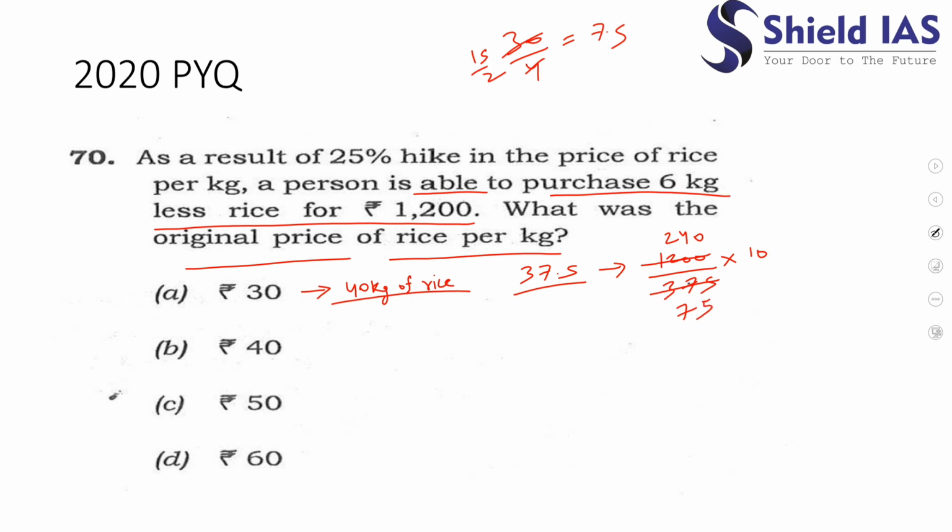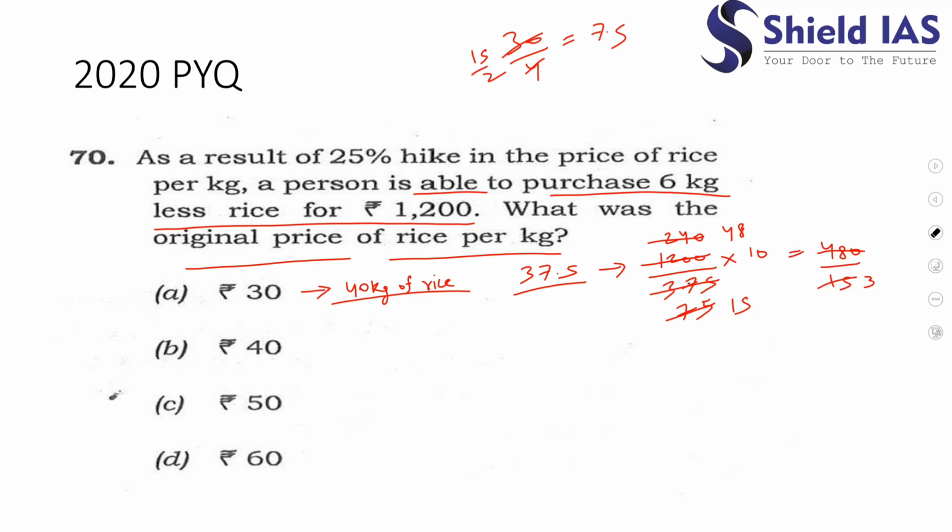So here 5 would be 15, here it would be 48. So it would be 480 divided by 15.